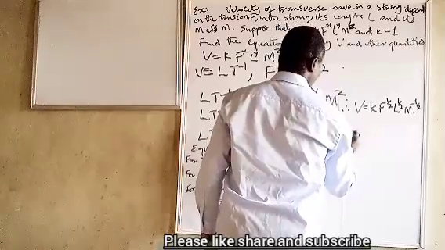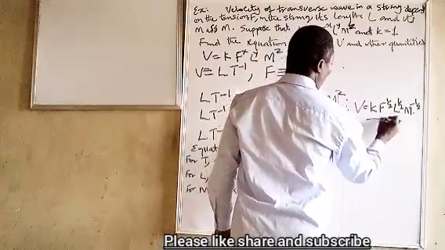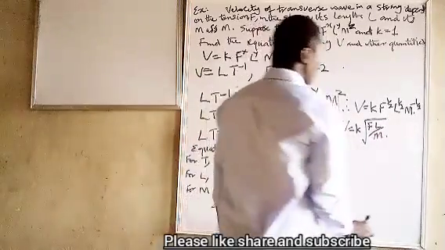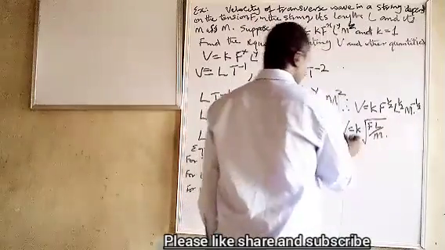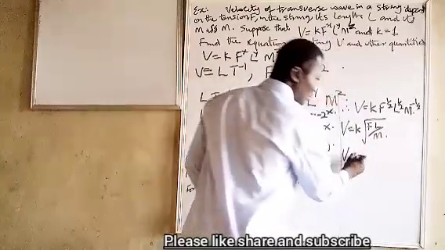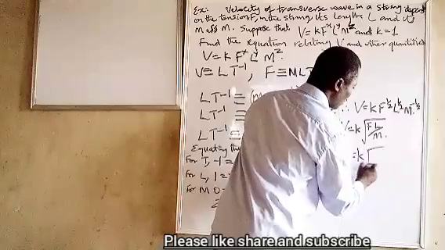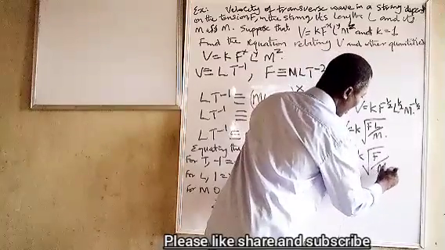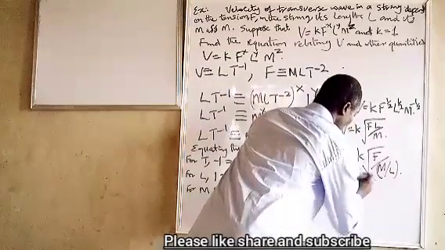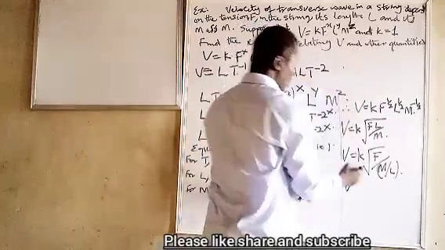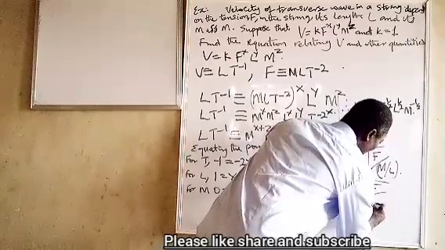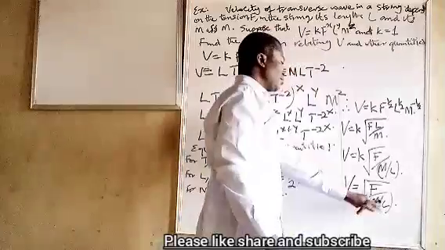So V is equal to K root of F L over M. This can still be written as V equals K root of F over M per unit length, that is mass per unit length, with K equal to 1.